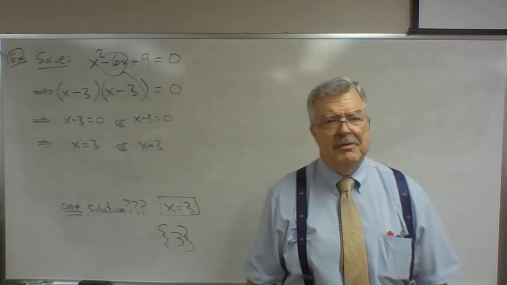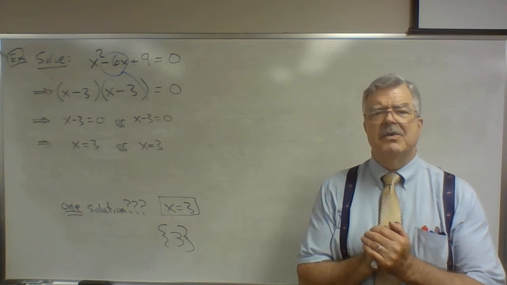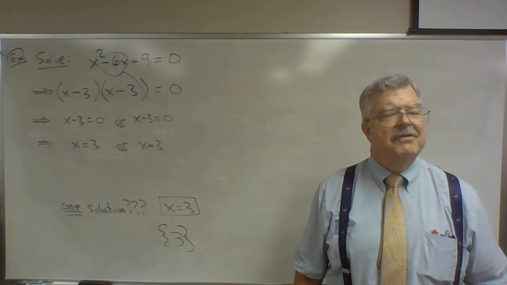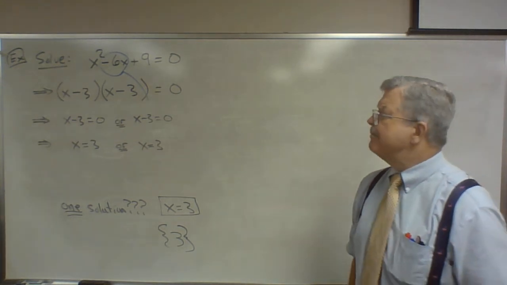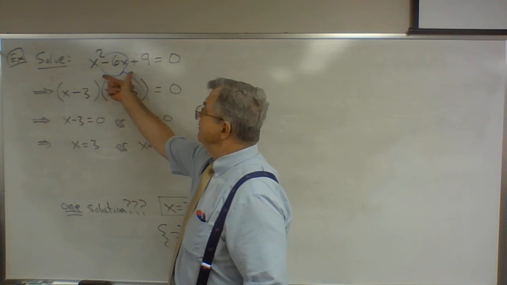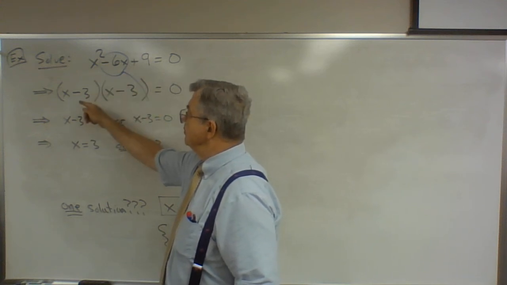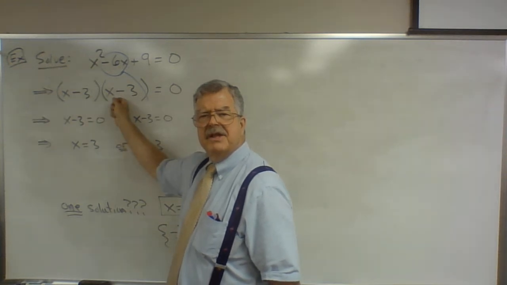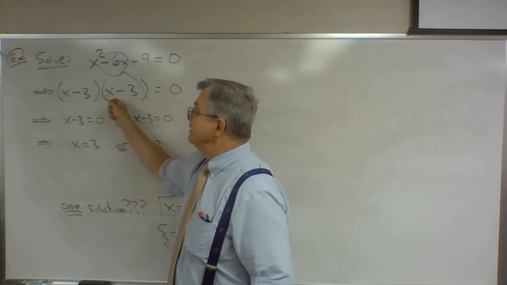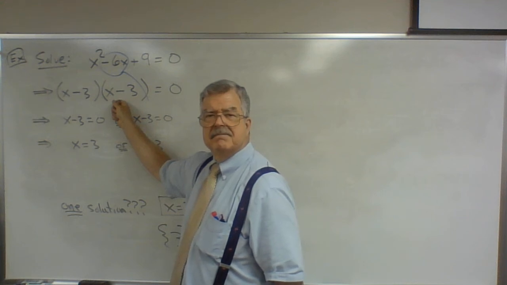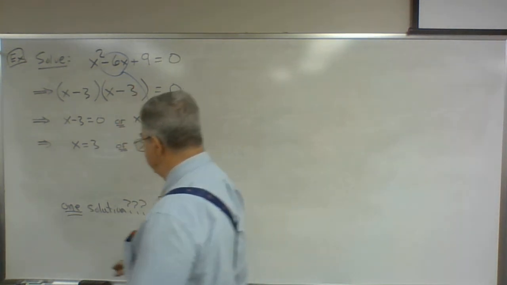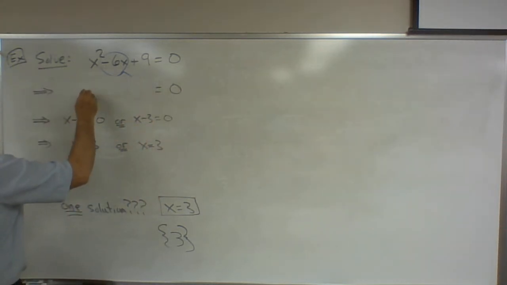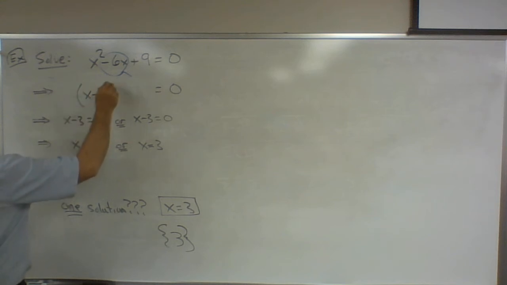It is possible with a quadratic equation to get exactly one solution. It's a very special case, and that happens when the left-hand side is a perfect square. You see I have x minus 3 times x minus 3. That's the same thing, isn't it, as x minus 3 squared.